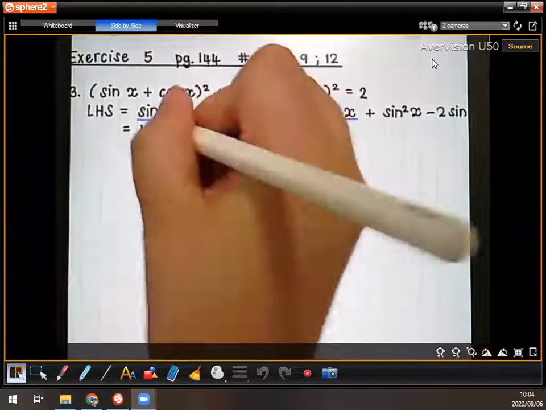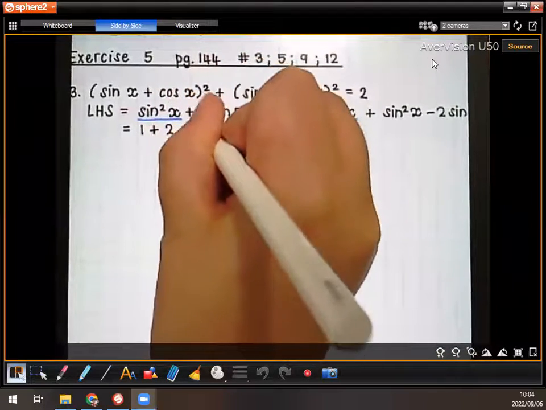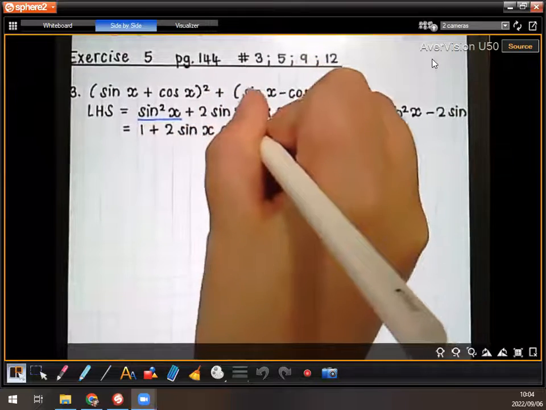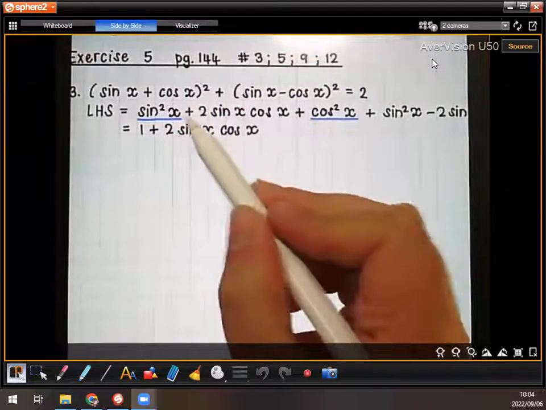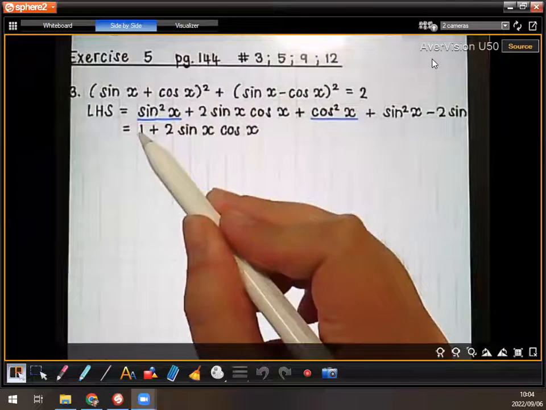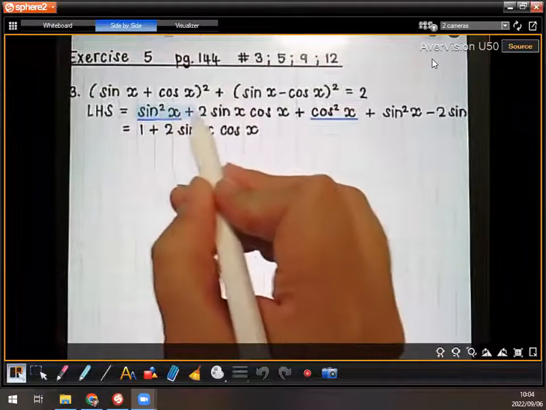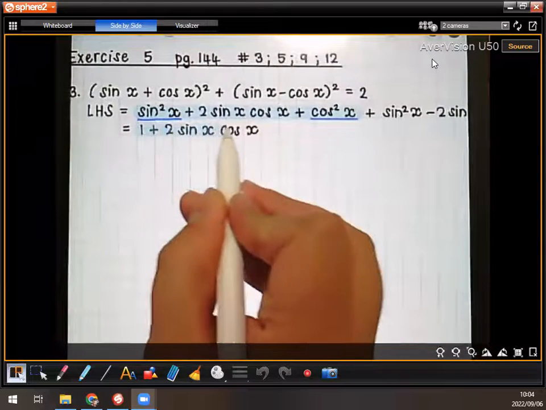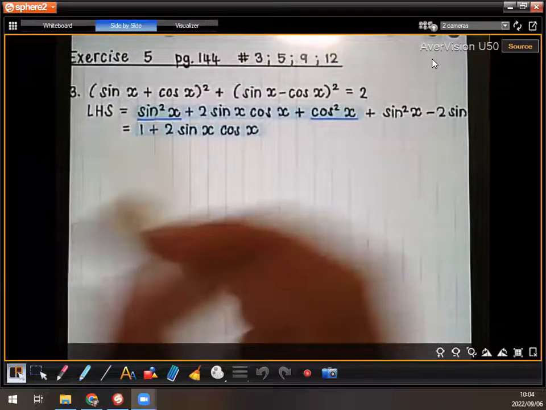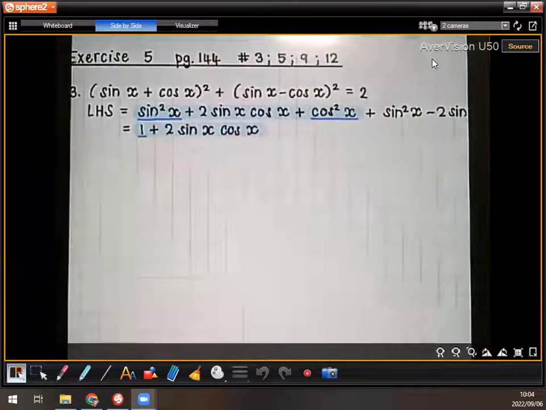And then we have this plus 2 sin x cos x that we got from the first bracket, right? So these 3 terms basically simplify to those 2. Okay, so here we have sin squared x plus 2 sin x cos x plus cos squared x. That is equal to 1 plus 2 sin x cos x, because of sin squared plus cos squared being equal to 1.